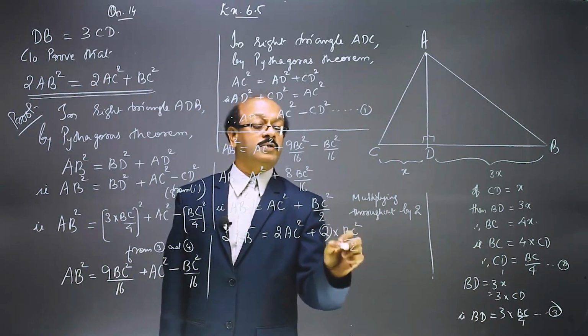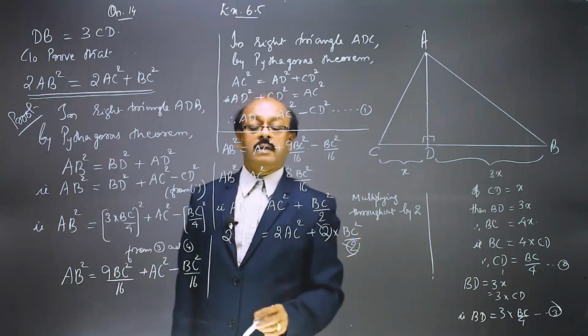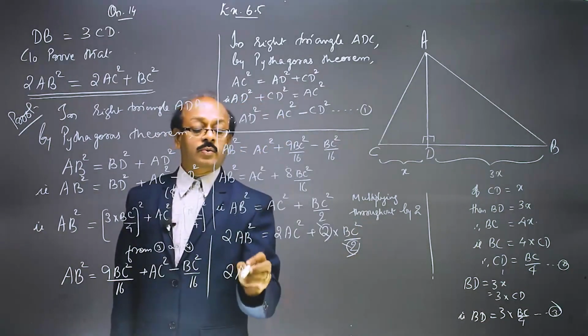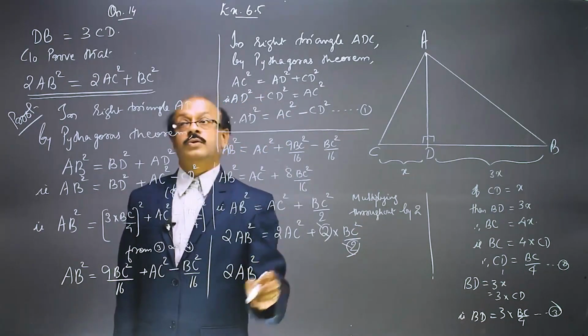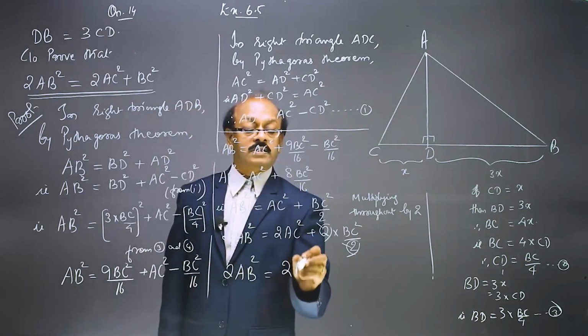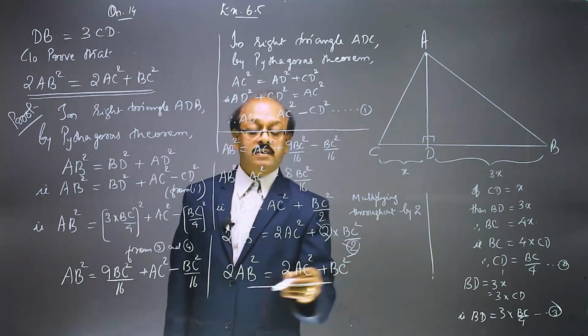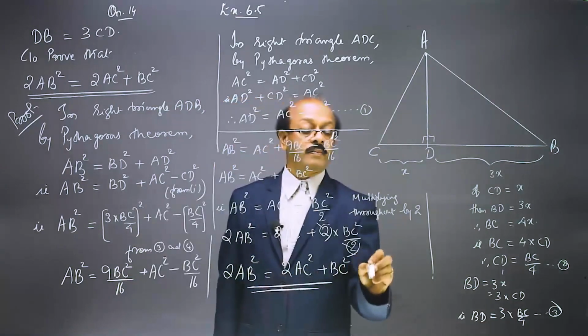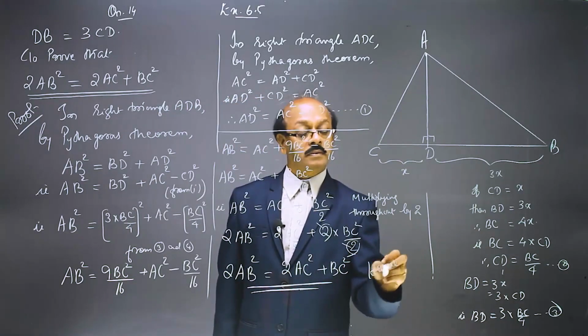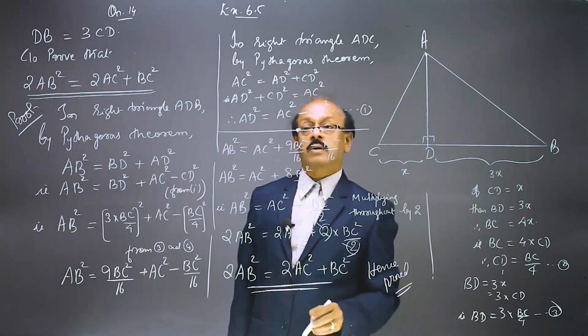This 2 and 2 get cancelled and the result is 2AB square is equal to 2AC square plus BC square, and hence we proved the result.